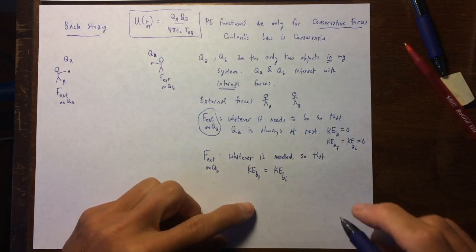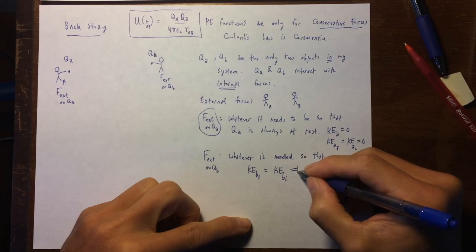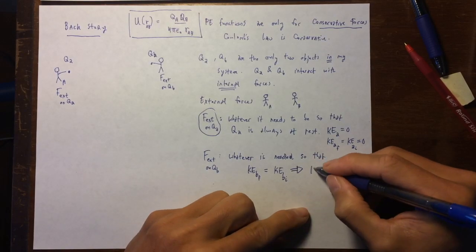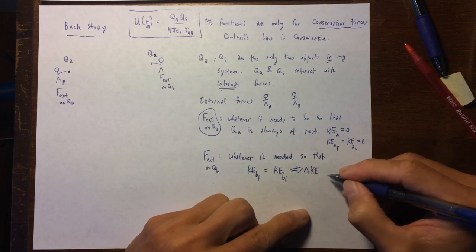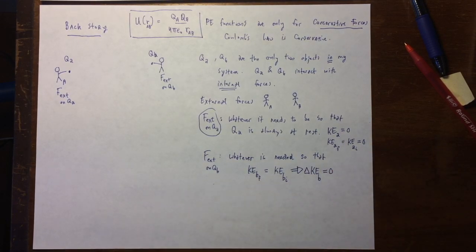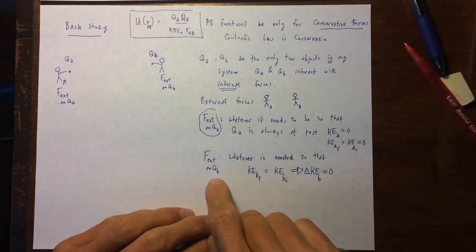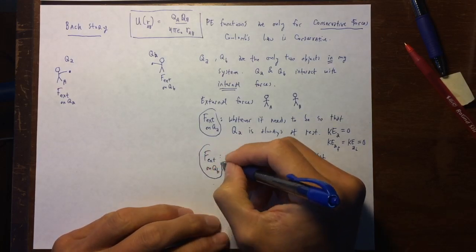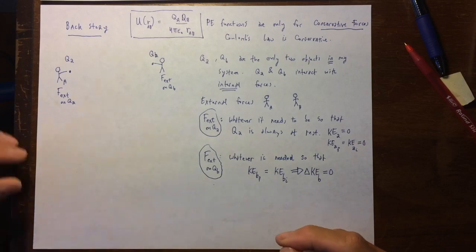This is the same thing as saying that the change in the kinetic energy is equal to zero for object B. Right? That's the job of the external force on QB.